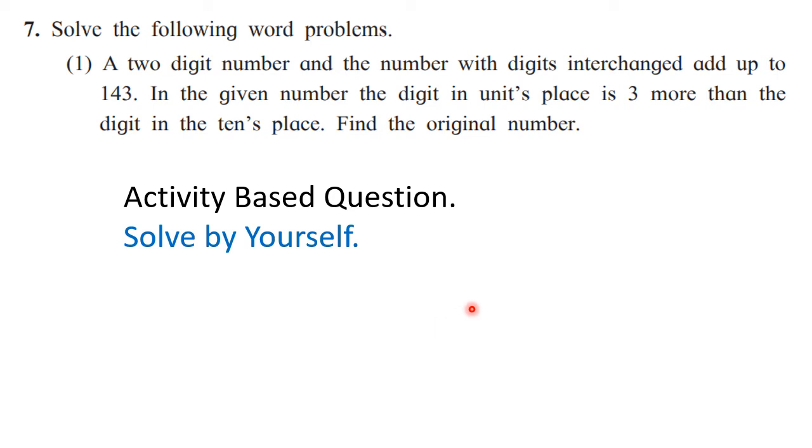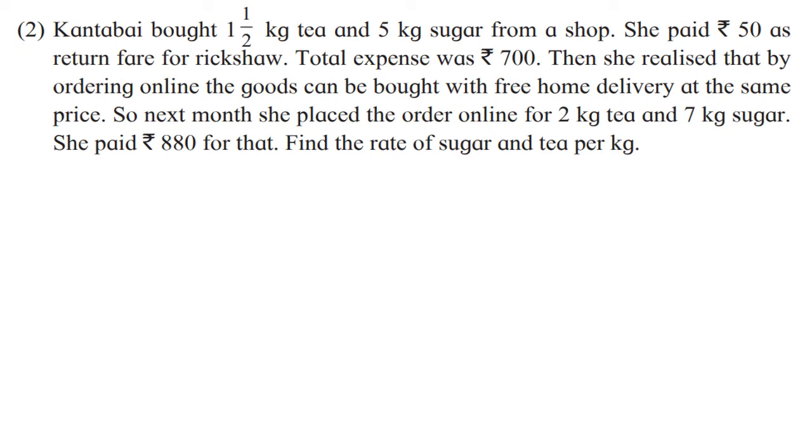Let us go further now. Question number 2. Kantabai bought 1.5 kg tea and 5 kg sugar from a shop. She paid rupees 50 as return fare for rickshaw. Total expense was 700.